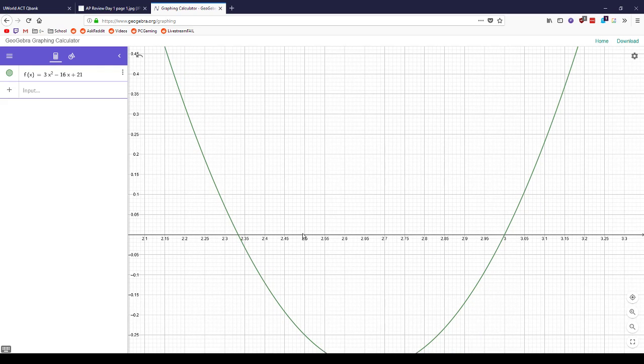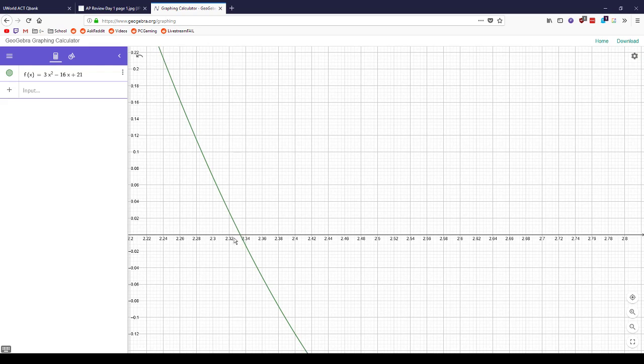So I know that 5 divided by 2 is 2.5. That's pretty basic. So obviously positive 3 is one of them, but 2.5 is not. Looking through here, zooming in, I can tell that this is 2.33. It even looks closer to 2.34.